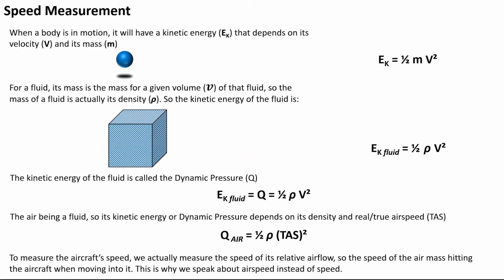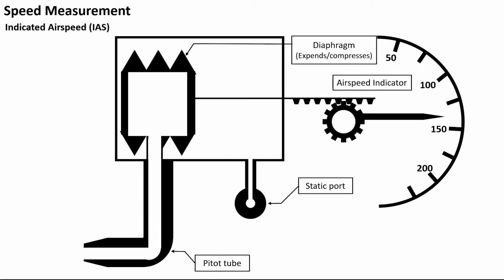So, let's go to the next slide. Here I designed a diagram that represents the system of the airspeed indicator, a very simplified system. I made a casing, a case.